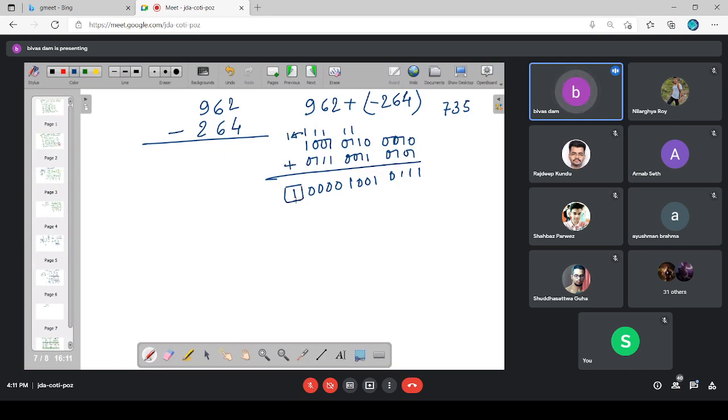There is one end around carry. Is it not? Yes, sir. So what you have to do with the end around carry in that 1's complement addition? Add to the LSB. LSB addition.